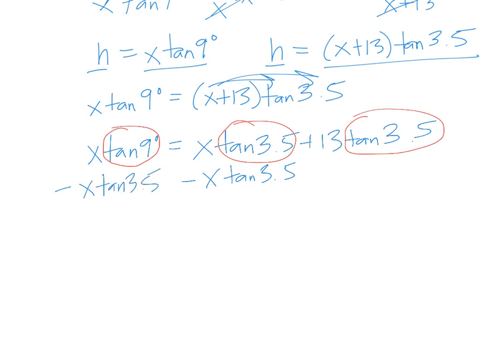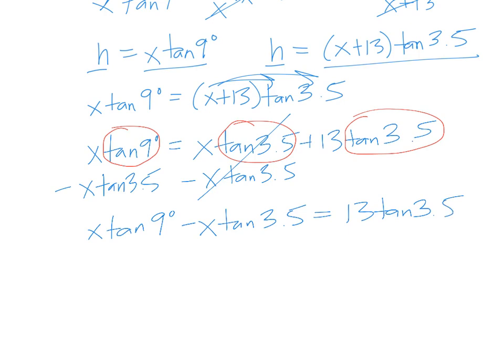Now, this isn't the only way to approach this problem. This is just the method that I chose. Now notice that these both have an x in the terms, so I could factor out an x from the two terms, leaving me with this.